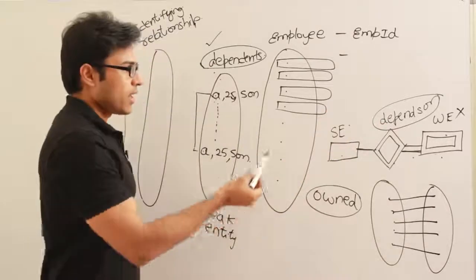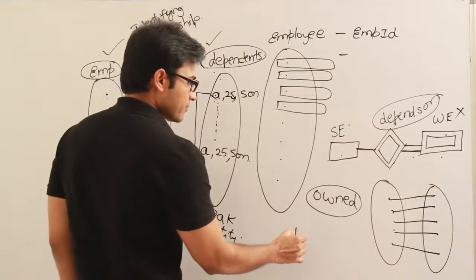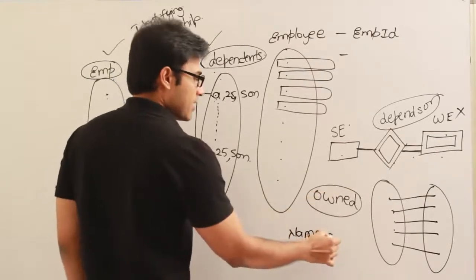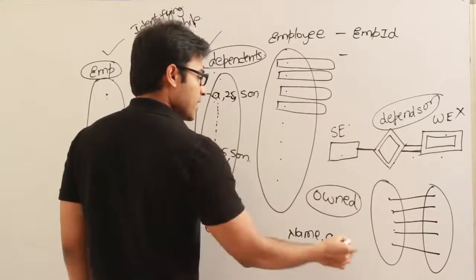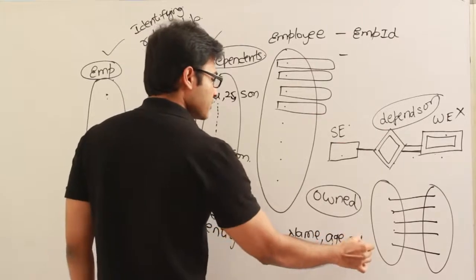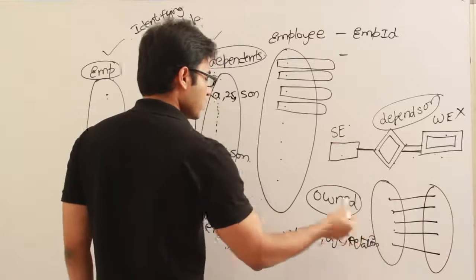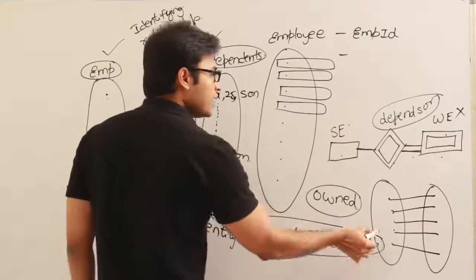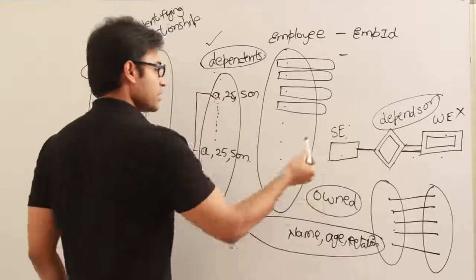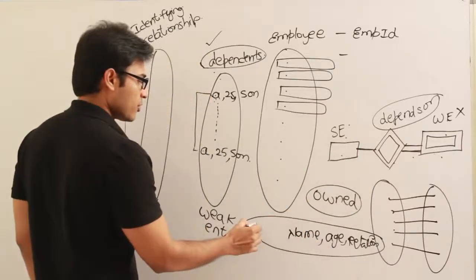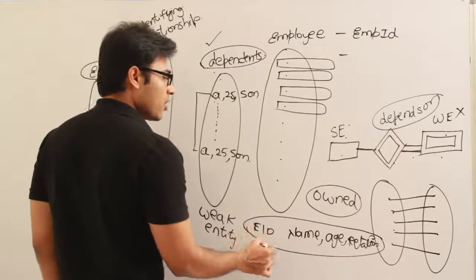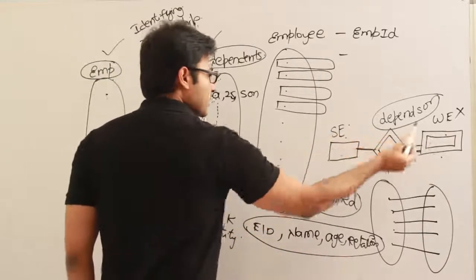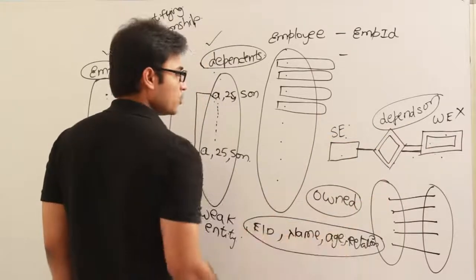See, now dependent is going to have a name, right? Just assume that dependent is going to have a name, and maybe some age, and maybe some relation with some employee. Now along with these, if we add the key attribute of this strong entity, let us say employee is going to have employee ID, then using all this, we can identify one entity in this weak entity uniquely.